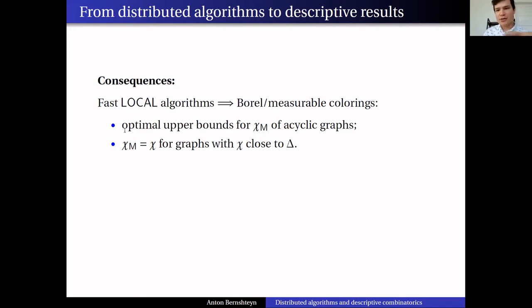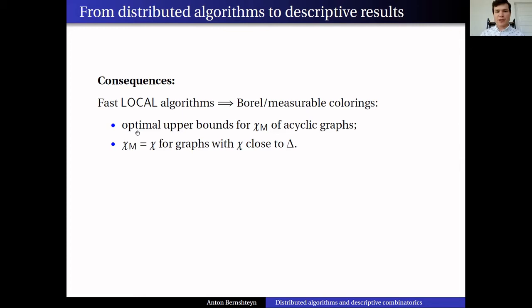For instance, you can use existing randomized algorithms in the distributed computing world to obtain optimal upper bounds on measurable chromatic numbers of acyclic graphs of bounded maximum degree. You can show that measurable chromatic number is equal to ordinary chromatic number for graphs whose chromatic number is sufficiently close to the maximum degree, things like that. So you can translate results from the local algorithms world to the Borel or measurable setting.